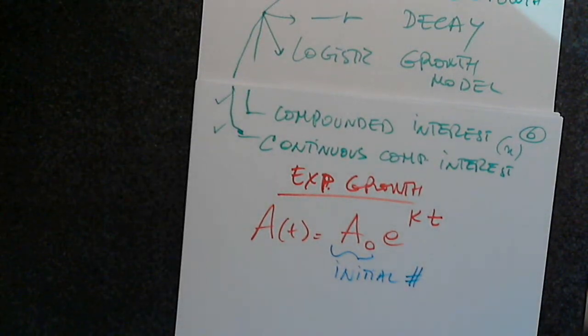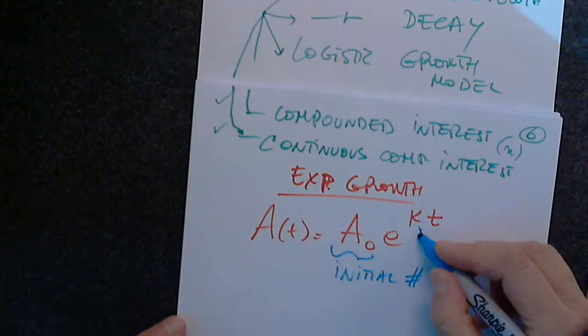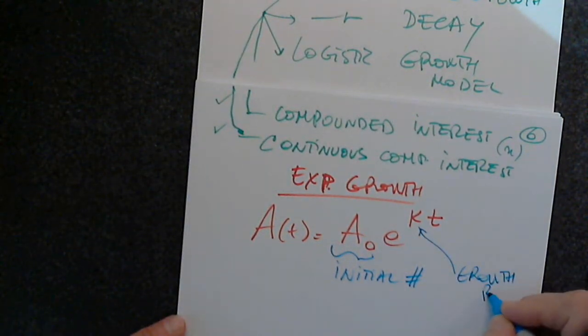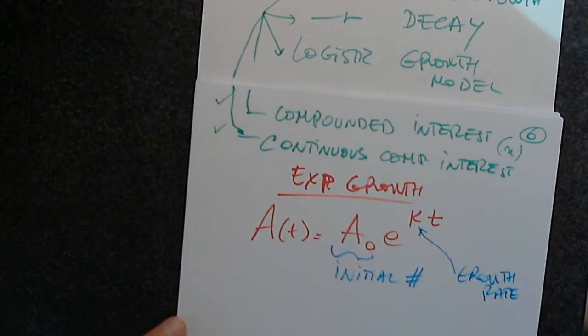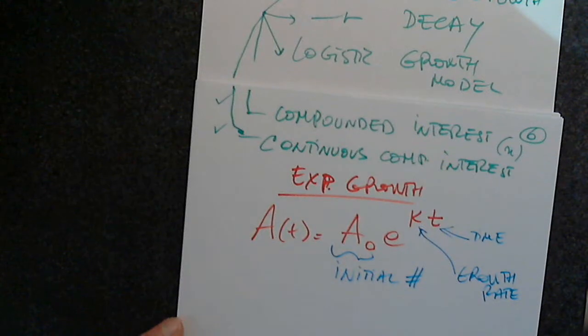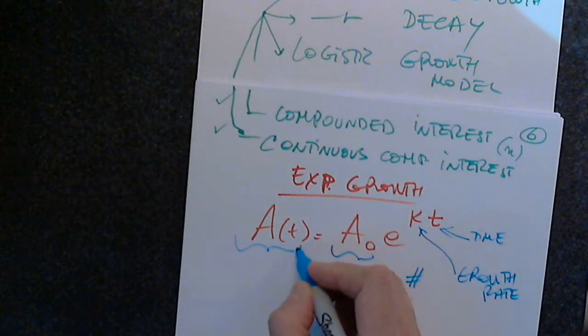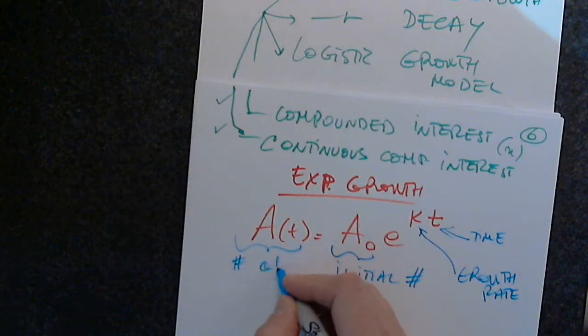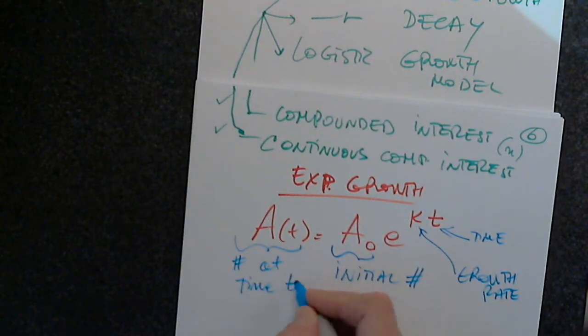Bacteria grow exponentially. Populations grow exponentially. It could be the initial number of bacteria. K is the growth rate. T is time. And A of t is the amount. So initial number, or the number at time t.